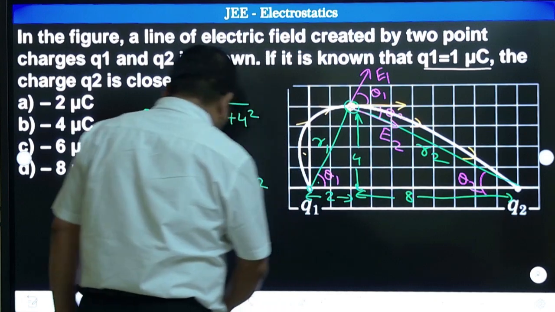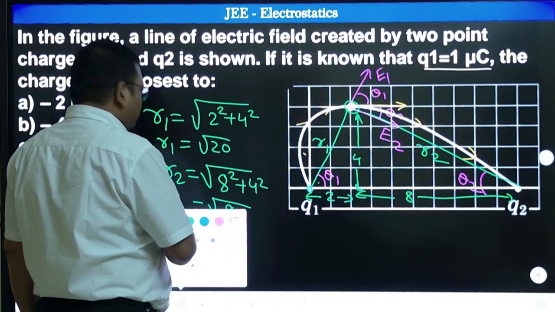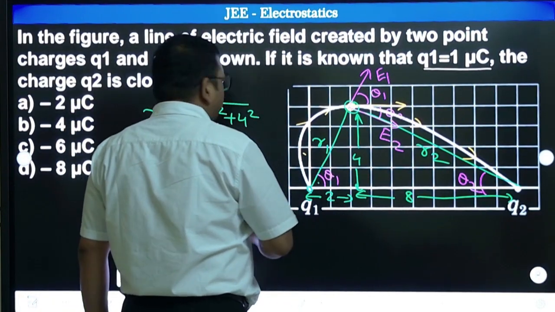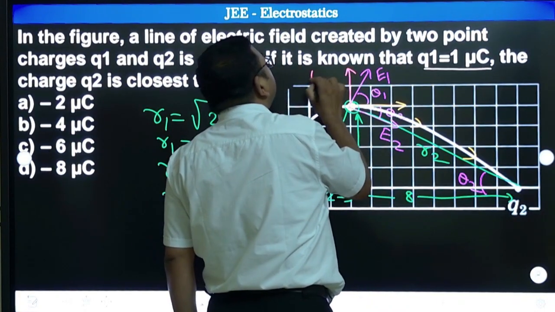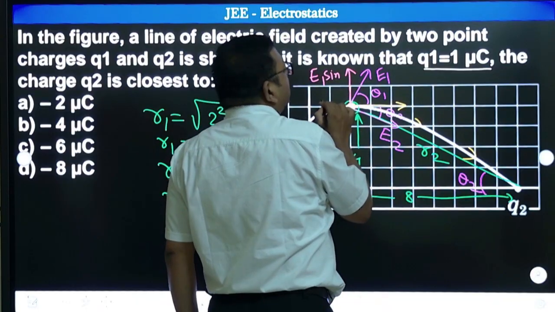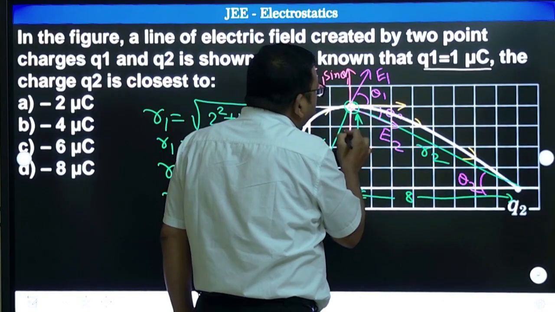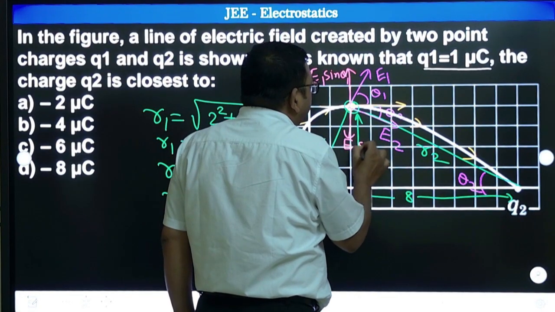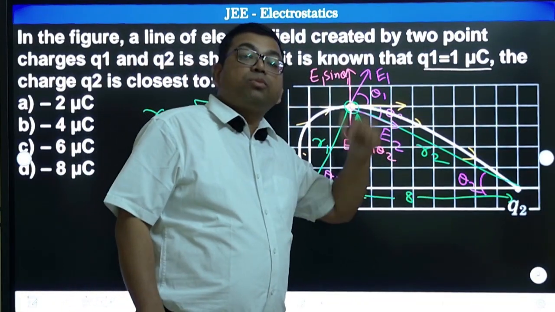Now let us represent the resolution. Let us resolve this. Its vertical component will be E1 sine theta 1, and this vertical component will be E2 sine theta 2, and the cos components contribute to the horizontal field.